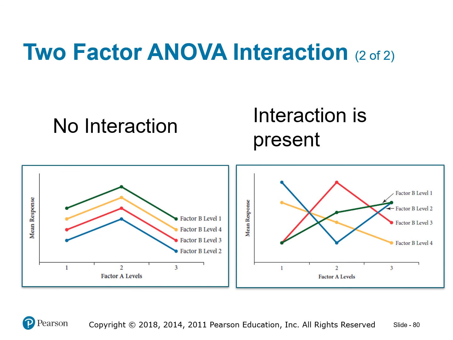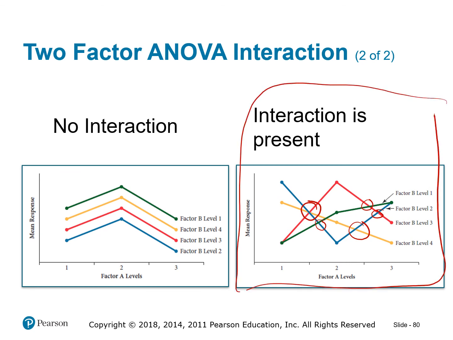So in particular, these three interact with each other because they cross, these two interact with each other, these two interact with each other, and these two interact with each other. So if you had, looking at your four groups, only two of them crossing, then you would say, aha, here are the two that are interacting with each other. But in this one that I've drawn here, everybody's got some sort of interaction happening, which is usually not what happens.